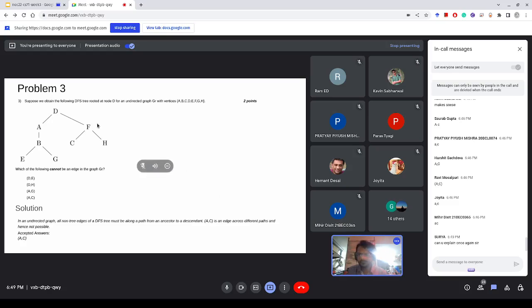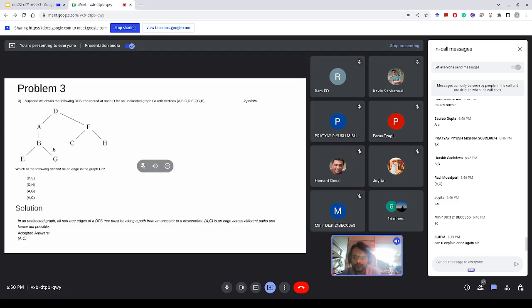Okay. So the whole question is that you are given a DFS tree, and what you have to do is look at the list of edges that are given and see what can be possible edges and what cannot be possible edges for the original graph G. So if you look at D and E, basically D and E can have an edge.